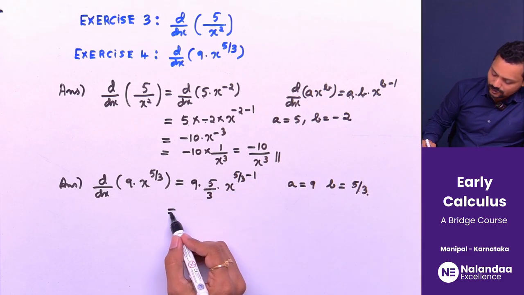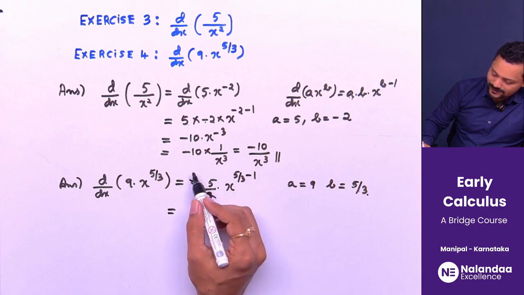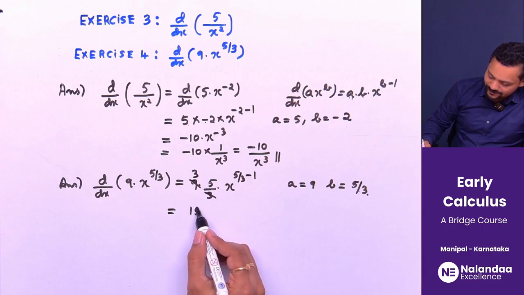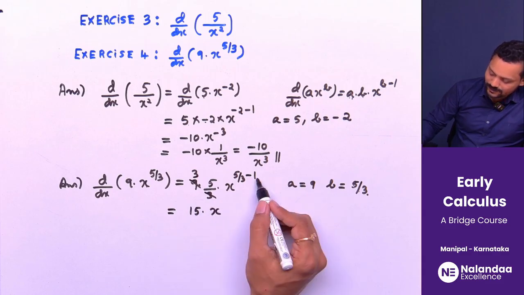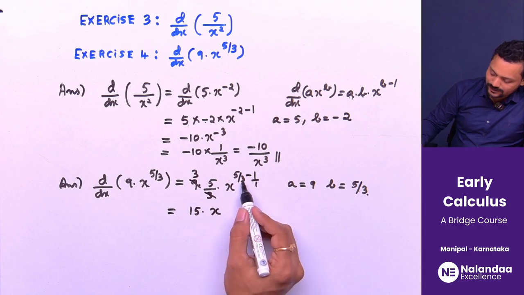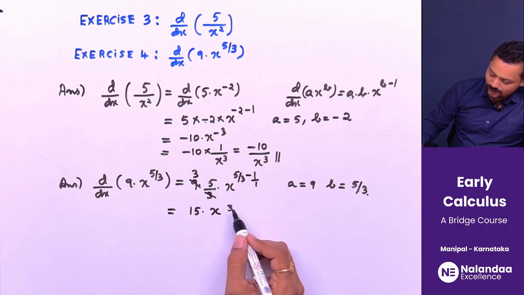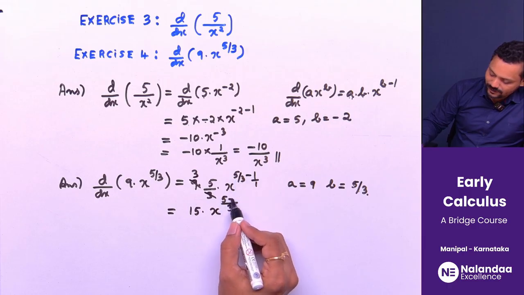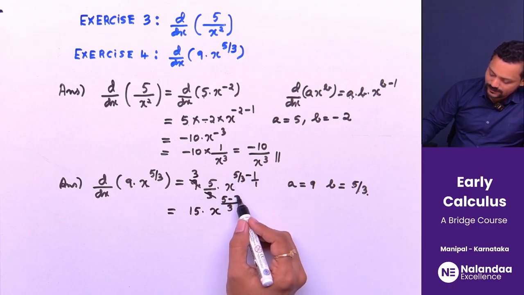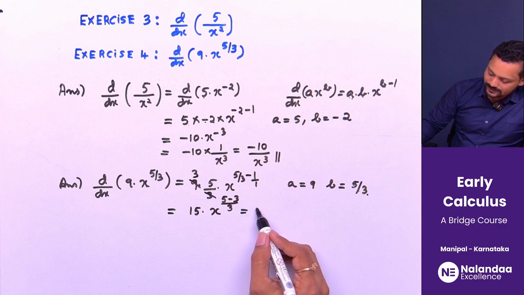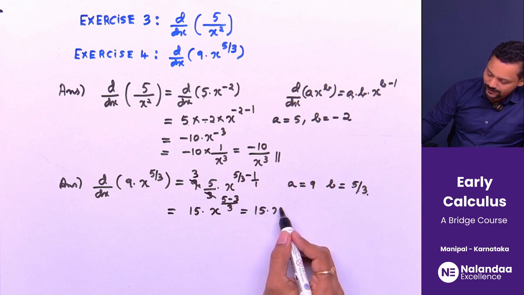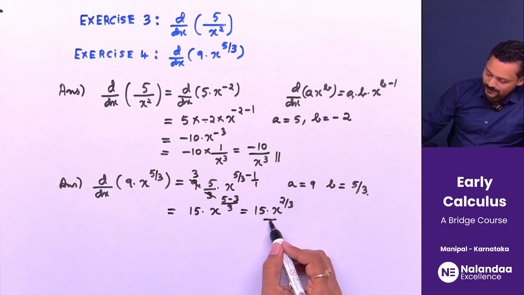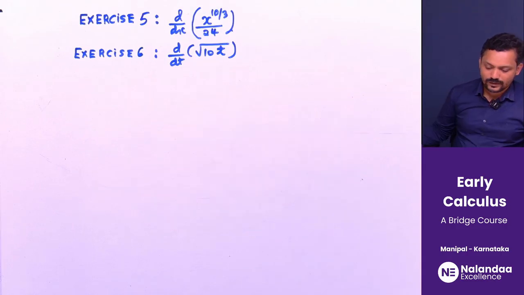Here 3 can be cancelled with 9 three times. So 3 into 5 is 15 into x power. If you take the common denominator here, 3 and 1, the common denominator is 3. So 1 into 5 is 5, minus 3 into 1 is 3. So this is 15 into x power 2 by 3. So this will be the answer to this question.